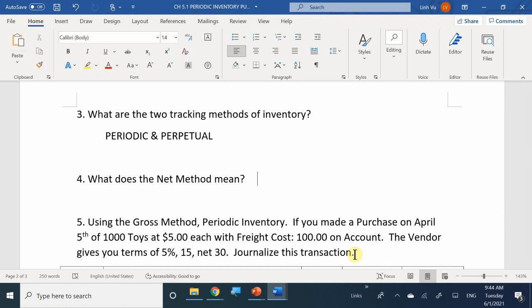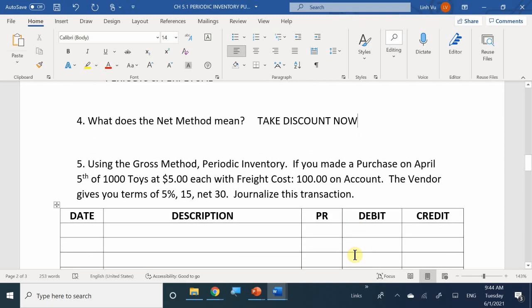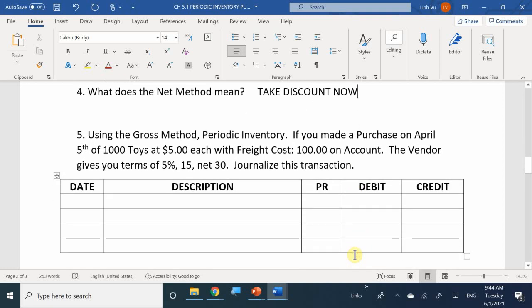Do you take the discount now or later? Up front. Up front, good.